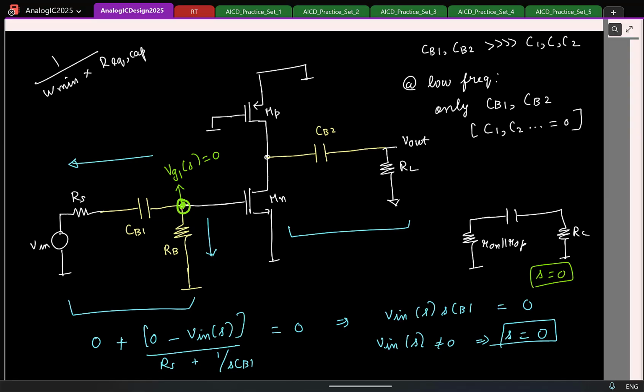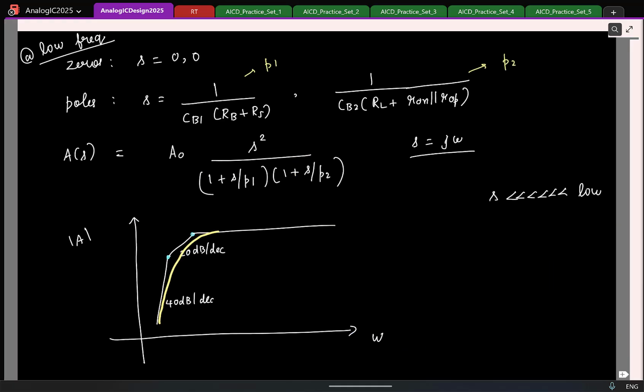So you want to make sure that for your signal frequencies of interest, the capacitor behaves like a short circuit. We cannot make it behave like a short circuit for all frequencies, so at least for your desired frequencies it should. So it makes sense that you have a constant gain here for your desired frequencies. For the minimum signal frequency, you would have chosen your capacitor's value so that the pole locations are here.